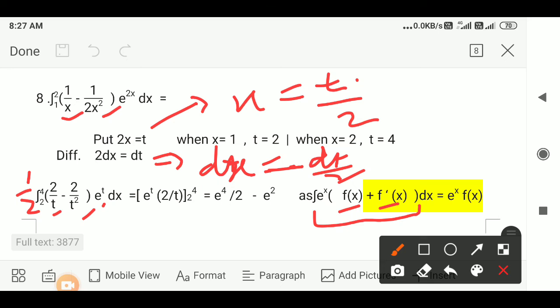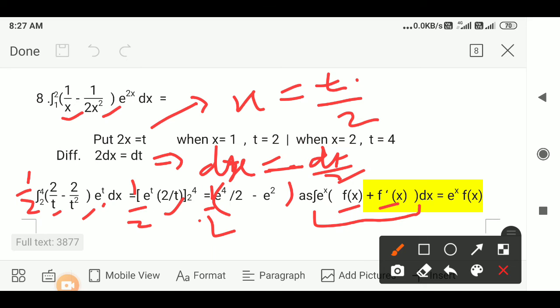Outside of it there will be 1 by 2. It becomes e power x f x, meaning e power t into 2 by t, from 2 to 4. Now put the value 4, and then 2, in this.